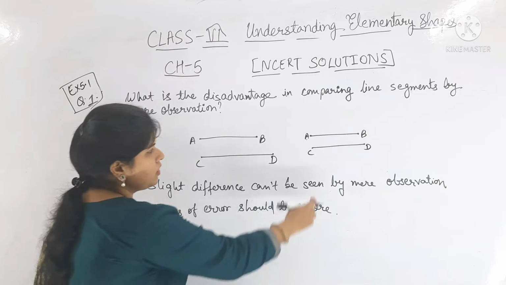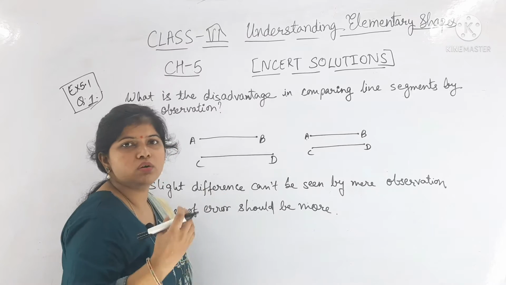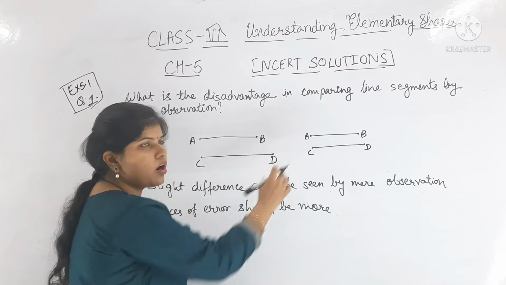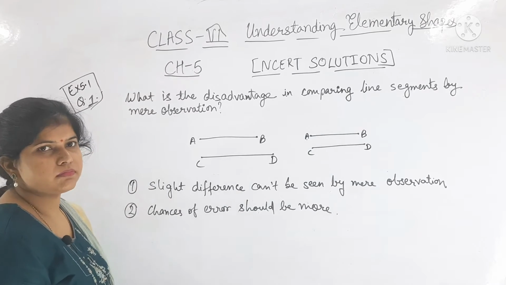Here you can't rely on observation; you have to use a ruler or divider for accuracy. So that is question number 1.